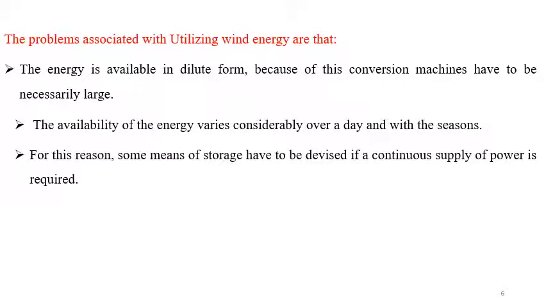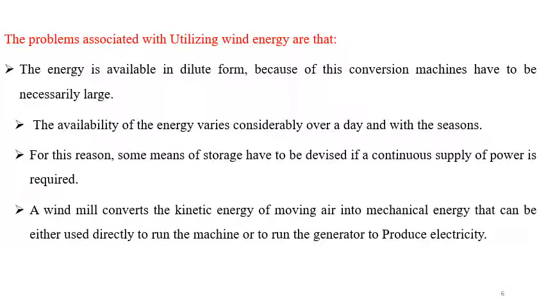For this reason, some means of storage has to be devised if a continuous supply of power is required. This is one major problem in wind energy. A windmill converts the kinetic energy of moving air into mechanical energy, which can be used either directly to run a machine or to run a generator to produce electricity.